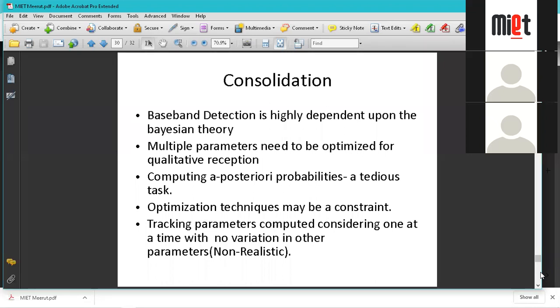While computing the likelihood function or the likelihood ratio, we have to deal with multiple parameters. So what we can do is consider one at a time, considering no variation in the other parameters. In that case, it will give you the optimum receiver design. Right, so let's go to the next one, please.